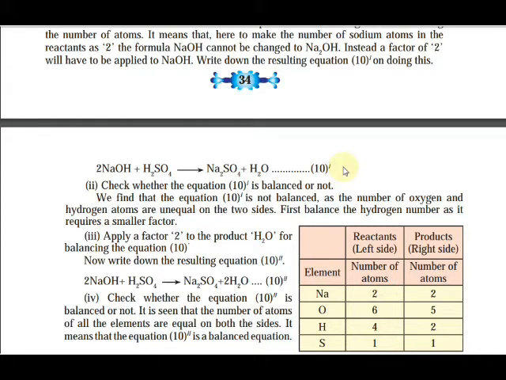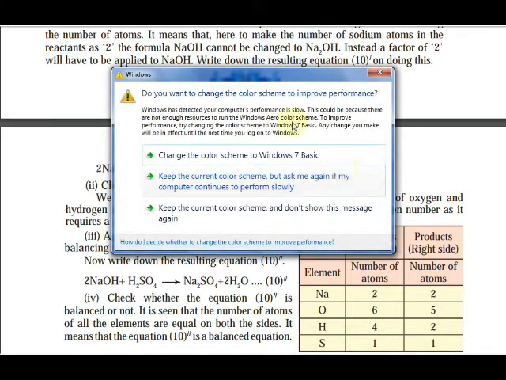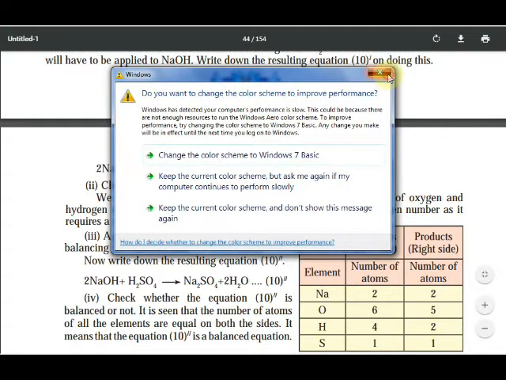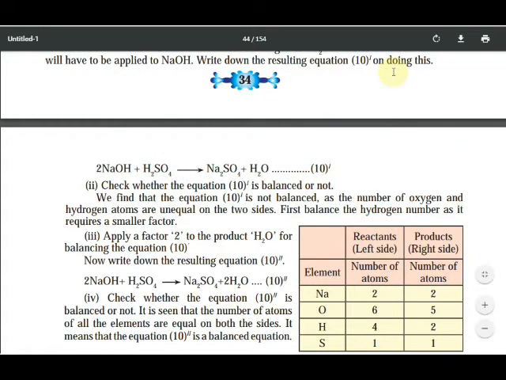4 H atoms are present on the LHS side. Yes or no? And on the RHS side, how many atoms are there? Only 2 atoms of hydrogen are present. That is why we have to balance hydrogen atoms by adding 2 on the RHS, because there the number of atoms of hydrogen is less than on our left hand side, the reactant side.